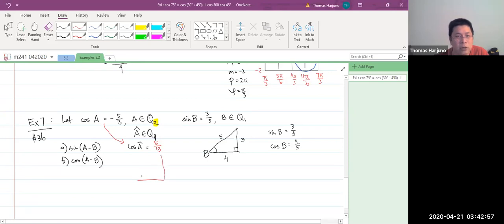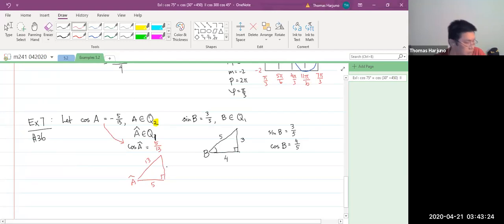So this is the triangle. This is angle A hat, not A. 5/13 for cosine. So what will the opposite be?